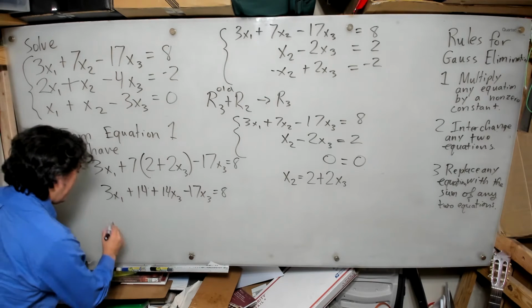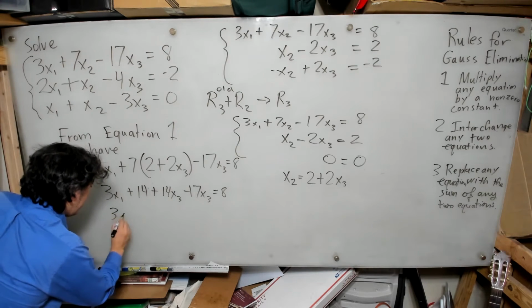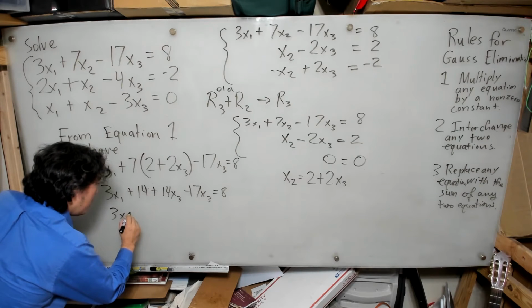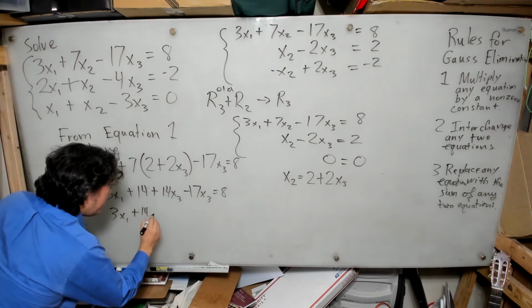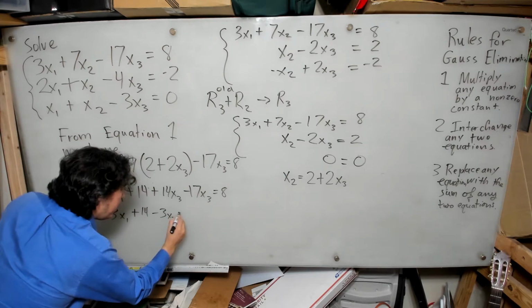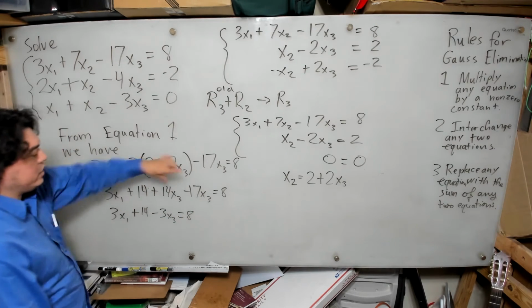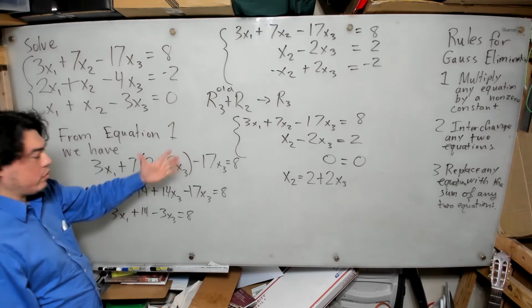Okay? So now what I'm going to do is I'm going to just simplify it one more time, then I'm going to isolate the x1. So 3x1 plus 14 minus 3x3 equals 8. Because 14 minus 17 is negative 3.